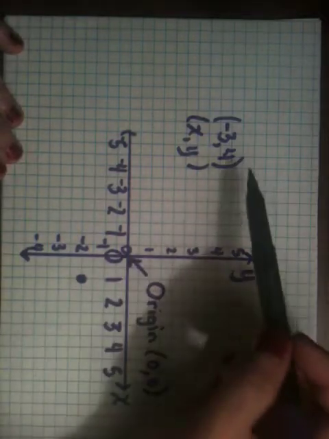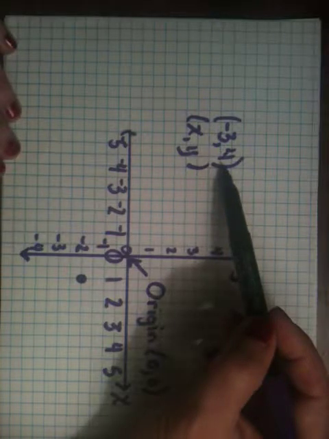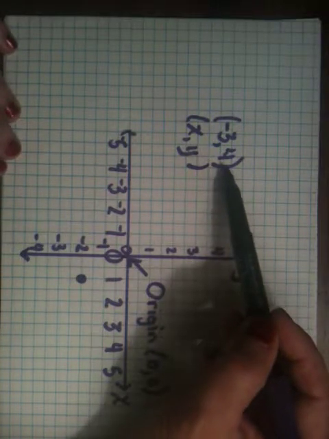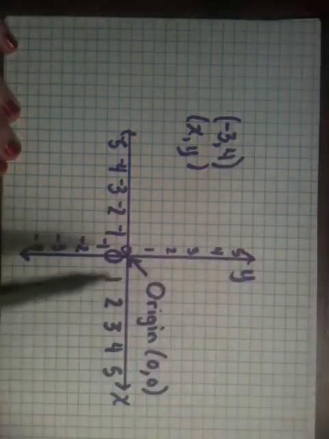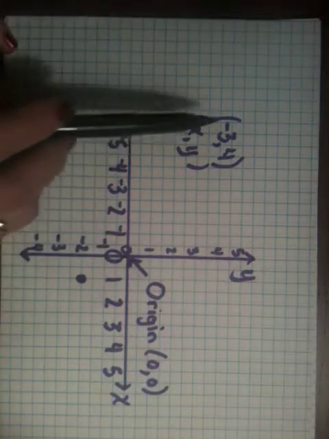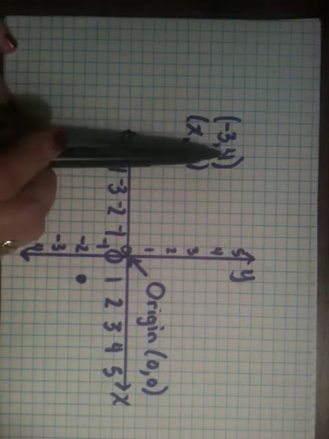Now remember, the first task that I wanted us to accomplish was to be able to locate the point associated with the ordered pair -3, 4. Like I mentioned earlier, to locate this point, we are going to be starting at the origin, and we have to follow both sets of directions inside the ordered pair.